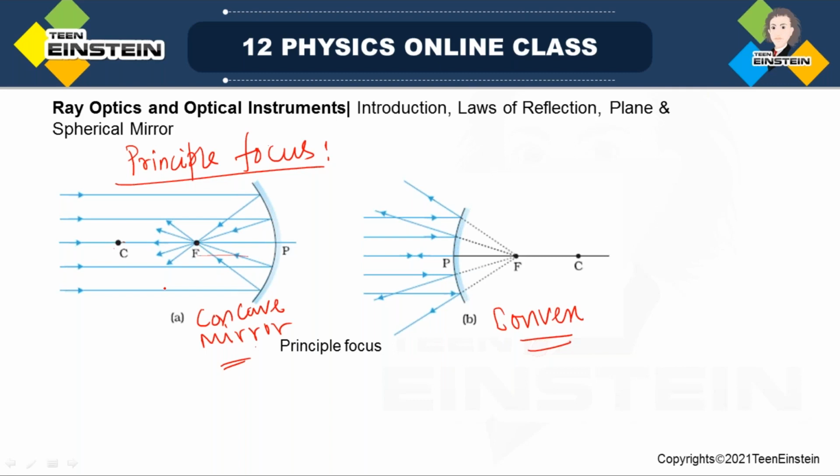That point is called the principal focus, denoted by capital F.